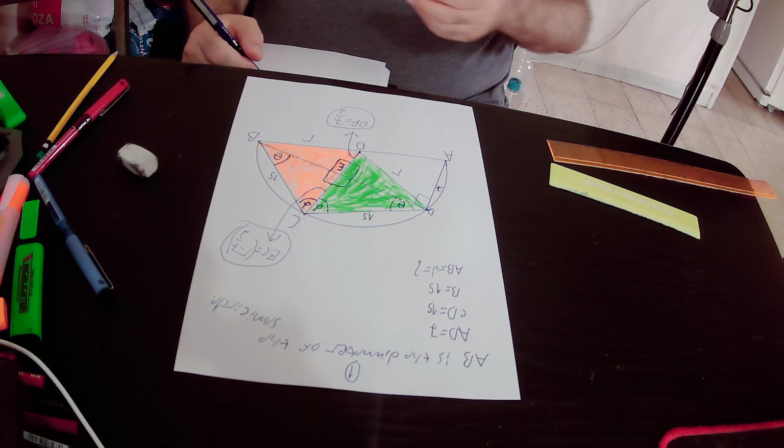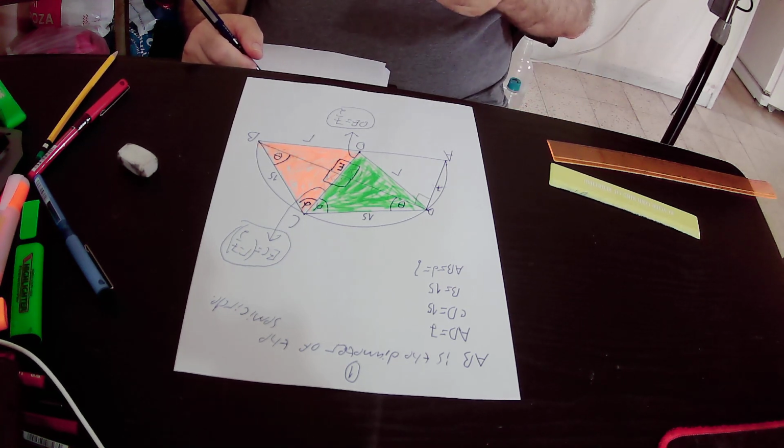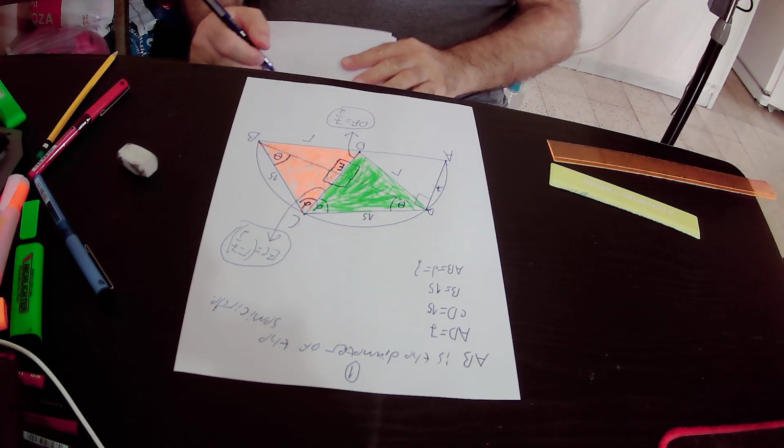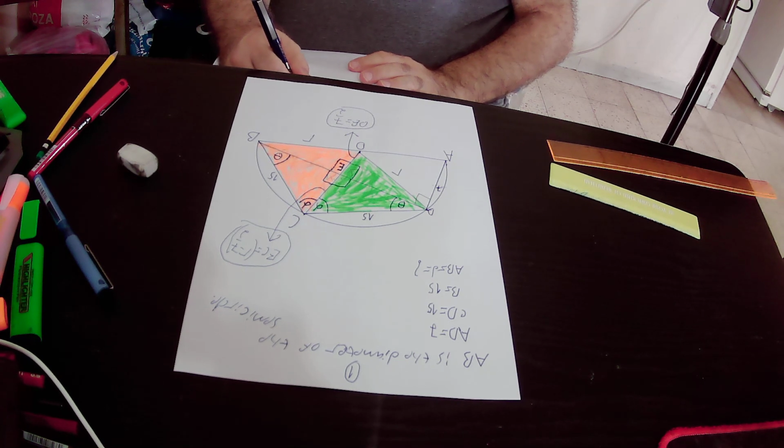So we will implement the Pythagorean theorem on both of those right triangles. We will create the statement that EB square equals EB square.